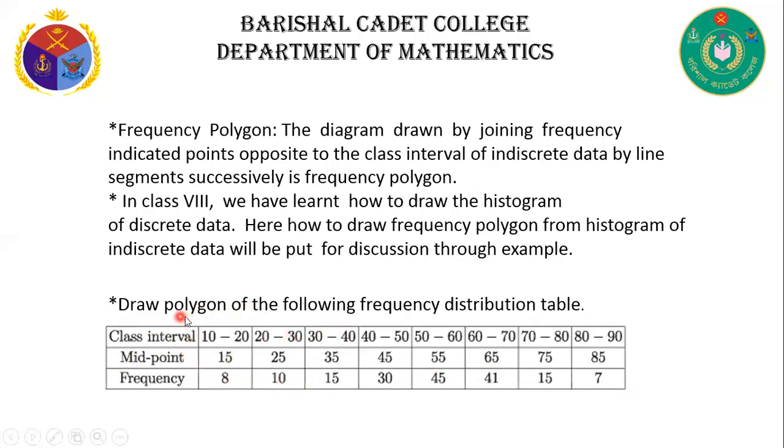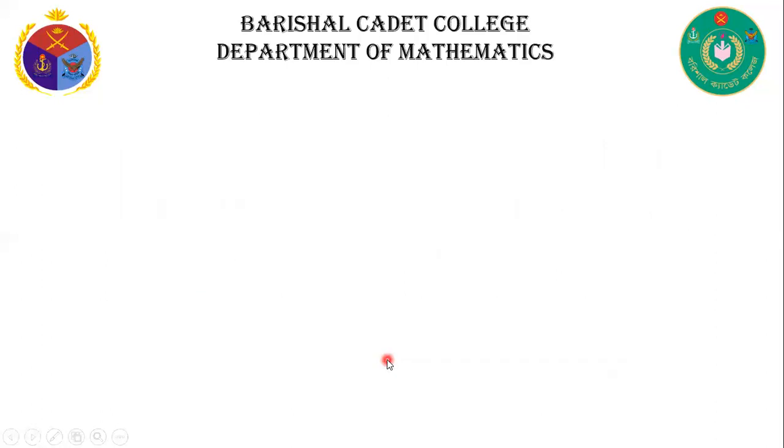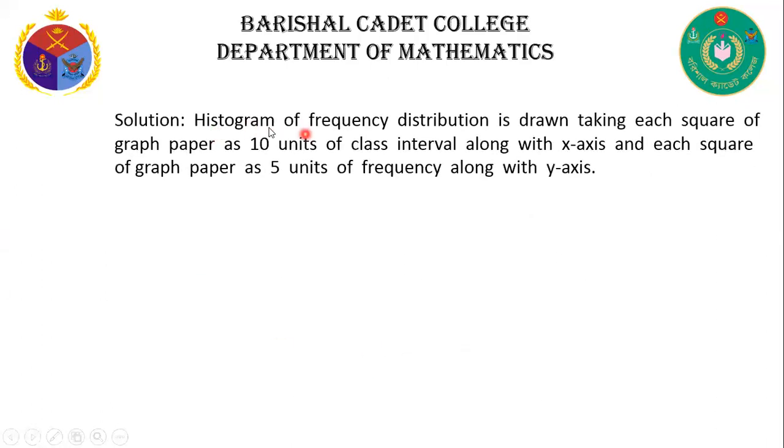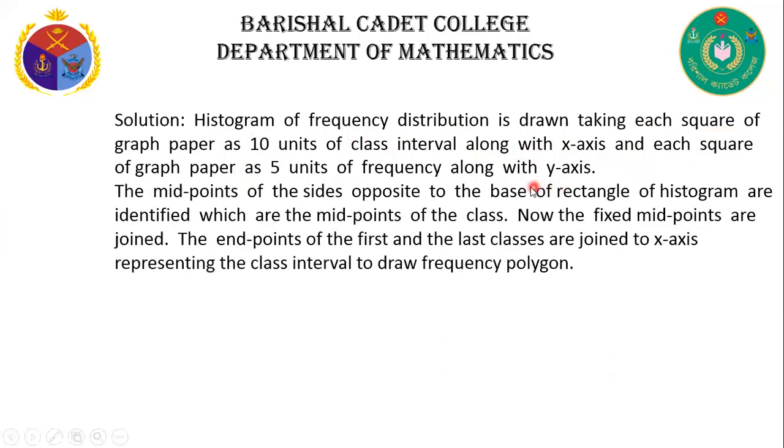Now we draw the polygon from this table. Here, the histogram of the frequency distribution is drawn taking each square of graph paper as 10 units of class interval along the x-axis and each square as 5 units of frequency along the y-axis.